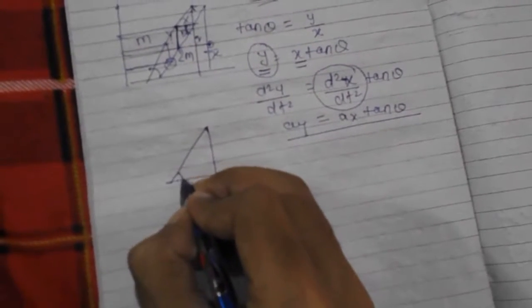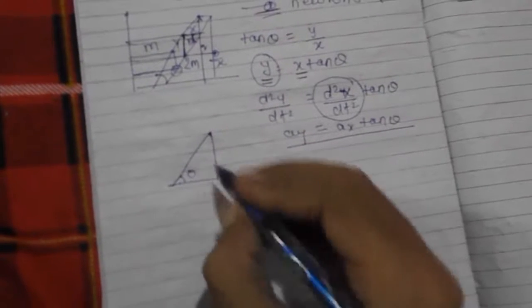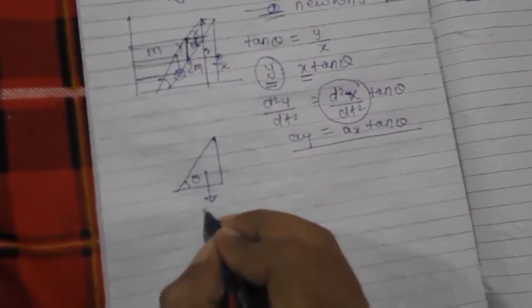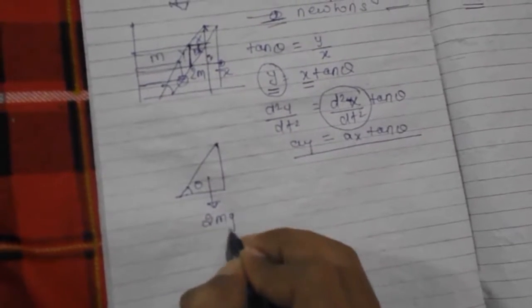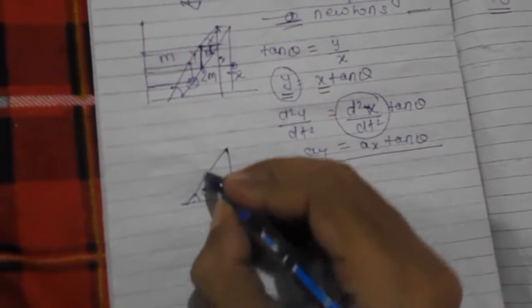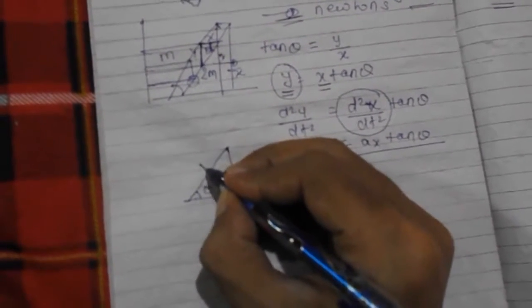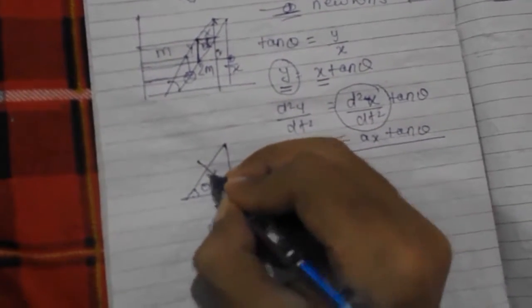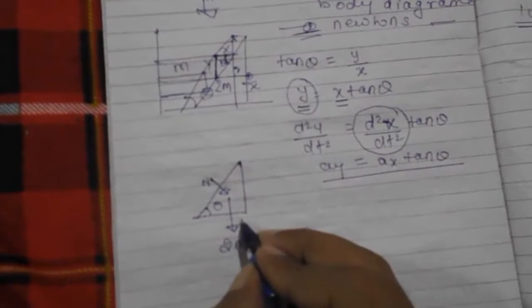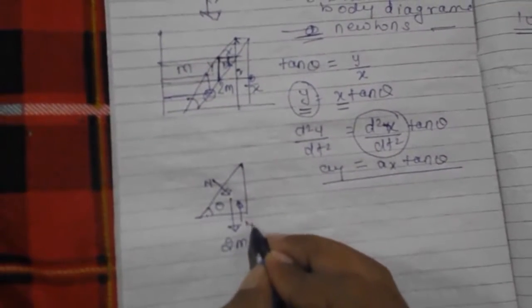This angle is theta, and here the force by it is 2mg. And here there is a force by the m kg block. So here is the normal reaction, let me write its name N, and here is the normal reaction by the ground, which is N2.